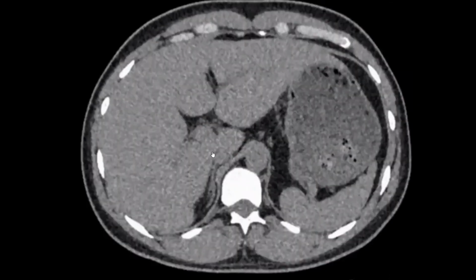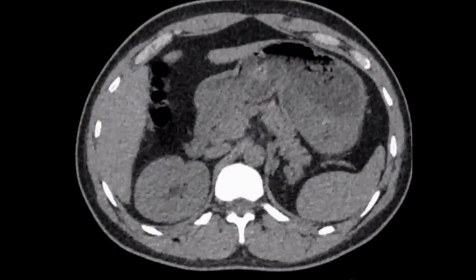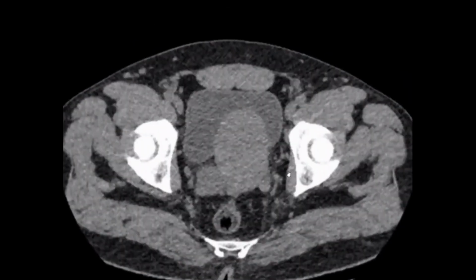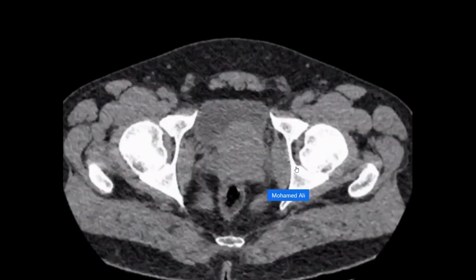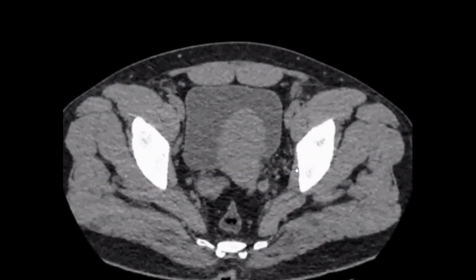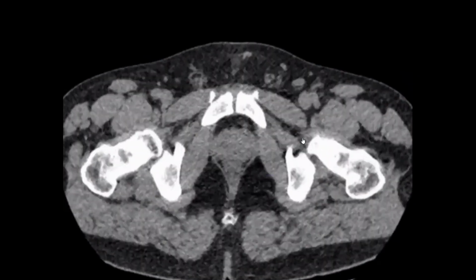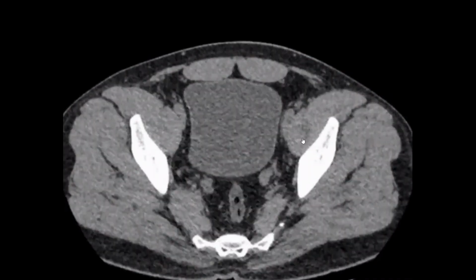So let's review the CT scan again. This is the seminal vesicle cyst, and this is the ureter, and this is the prostate. This is a normal prostate. So this is, as you said, Zinner syndrome.